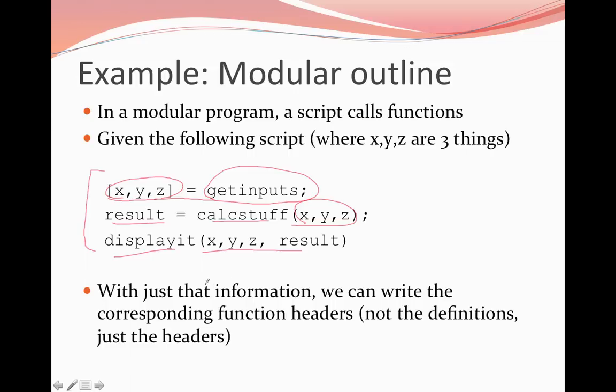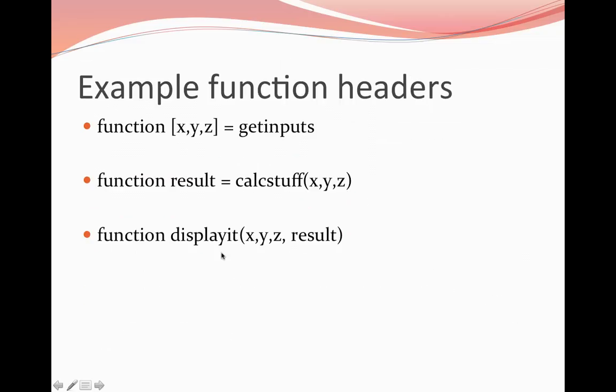So the script consists of 3 calls to functions, one that gets the inputs, one that uses them to calculate stuff, and one that doesn't calculate anything, but it just displays everything, presumably in a nice formatted way. So with just that amount of information, we can write the corresponding function headers. Not the definitions, but just the function headers. So our function that gets the inputs, notice we didn't pass anything to the function, so there are no input arguments, but the function is going to return 3 values, X, Y, and Z. So this is what our function header looks like.